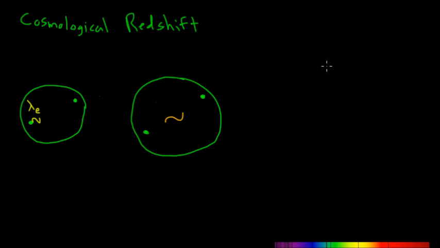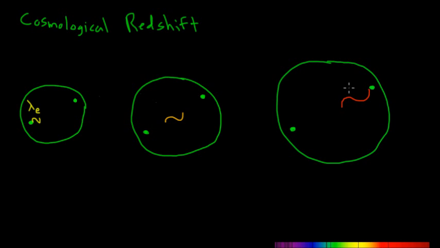So as the universe continues to expand, and this beam of light continues to move across our universe, so here's the source and here's where we are, when it finally reaches us, the wavelength of the light is going to be significantly longer than when it was emitted. So we're going to call this lambda O, the wavelength of the light when we actually see the light hit our telescope.